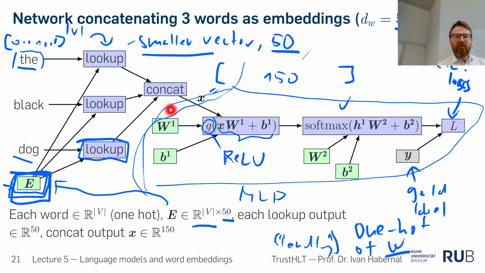Okay, and now the question is, can we backpropagate through this concatenation and lookup? Sure, we can. Concatenation is like you have 150 inputs. What is the partial derivative of this output with respect to each of these inputs? 1. You get a gradient of this concatenation.